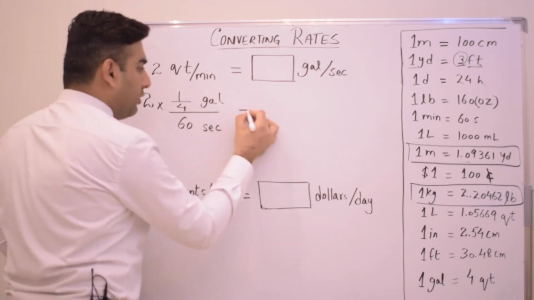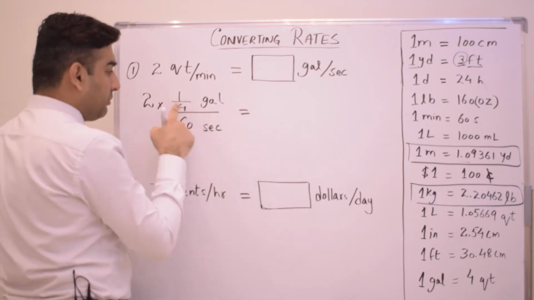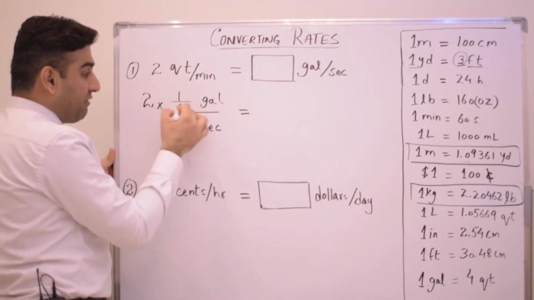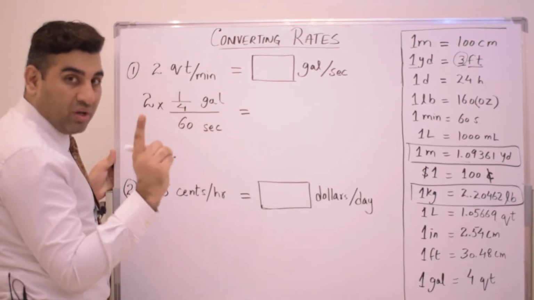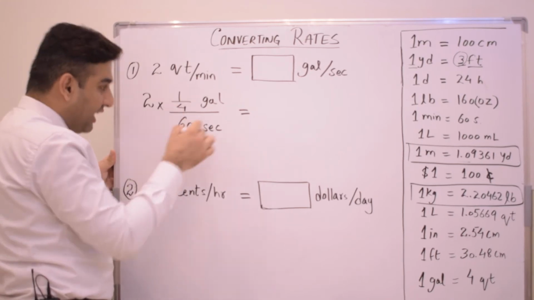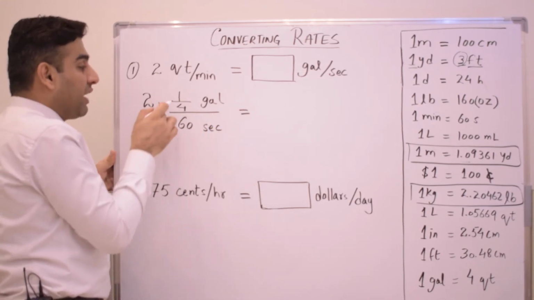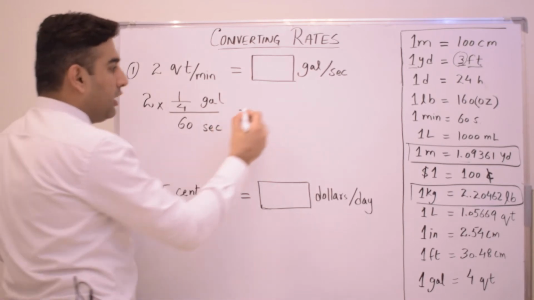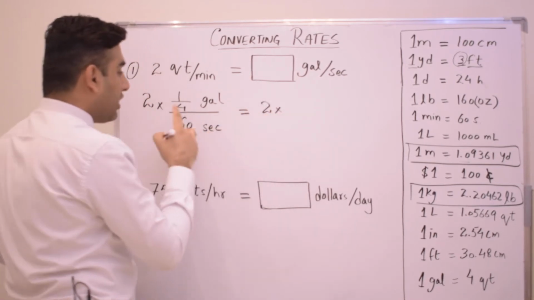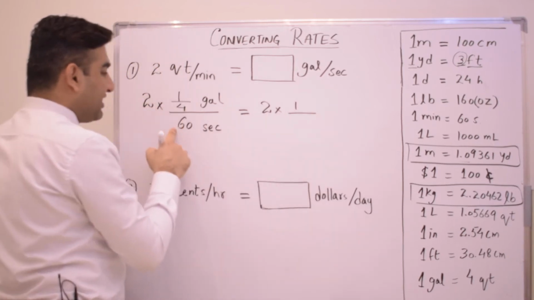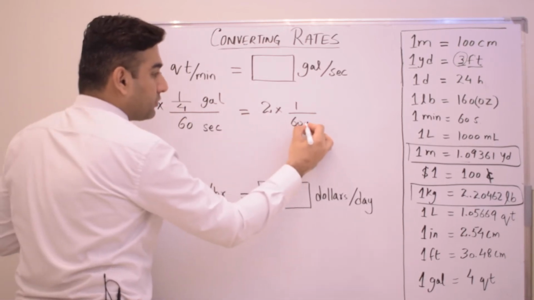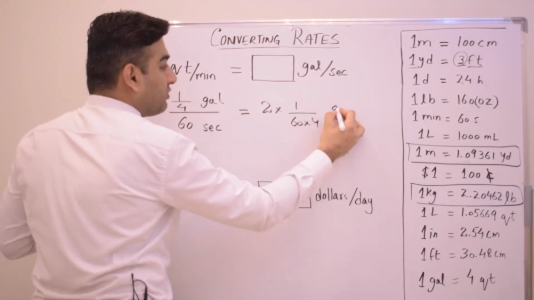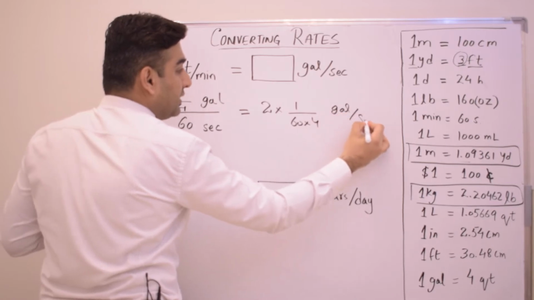So guys, here now it's very simple, 2 times, because there is a fraction in the numerator. So the rule is, whenever there is a fraction and there is another fraction in the numerator, so this denominator and this denominator will multiply. So the simplified form will come 1 over 60 times 4, and the units will become gallons per second.